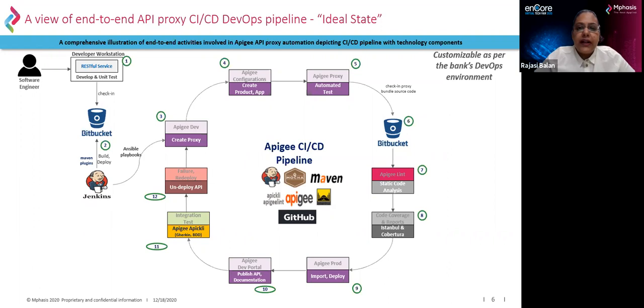Your proxy works fine. Now it's checked. This step 6 here is now checking in that code into GitHub or your Bitbucket, so whatever is the source repository. Your proxies are also source code managed, right? And then you do certain analysis on this proxy, which is tested.